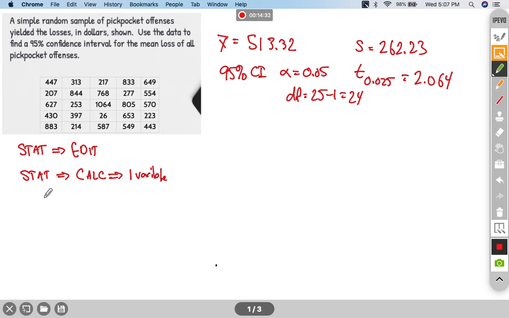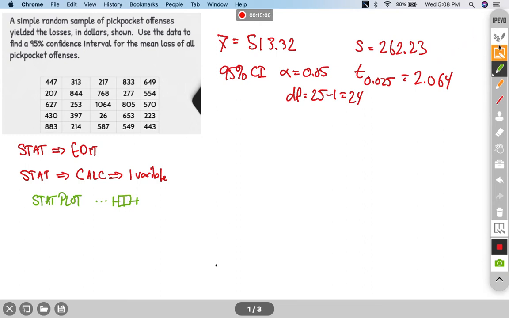Now with your graphing calculator, once you have your data in here, we can set up your stat plot, which is second Y equals, and you're going to want to look at the plot types. Normally we do a scatter plot, but there's going to be one with a picture like this, that's going to give you a box plot with outliers. And if you select that and graph it, your calculator will graph it.